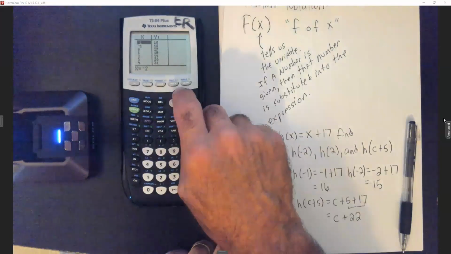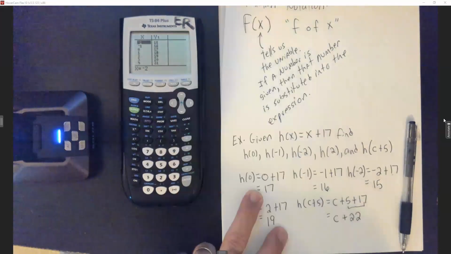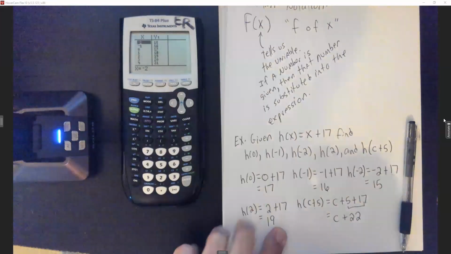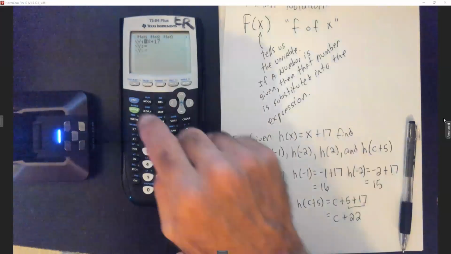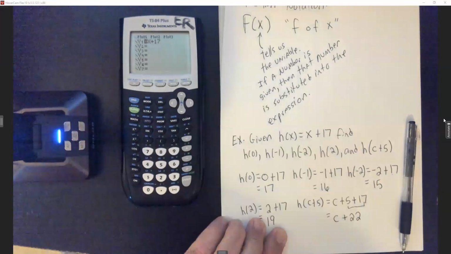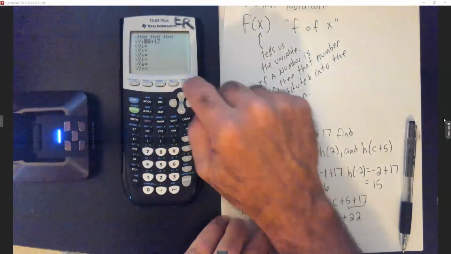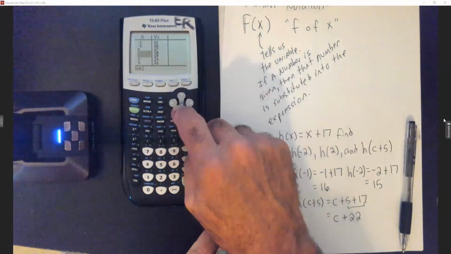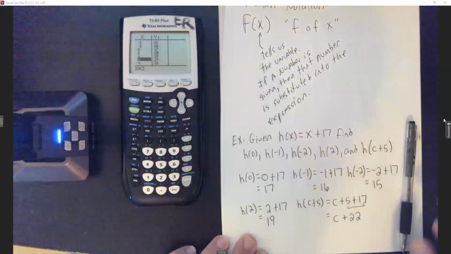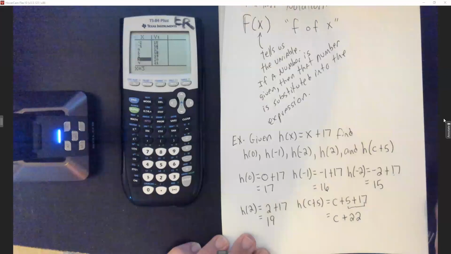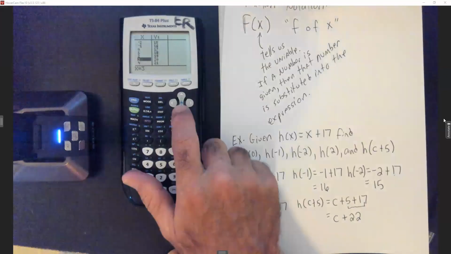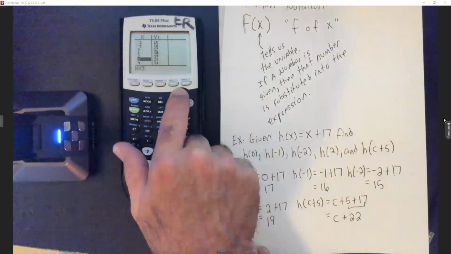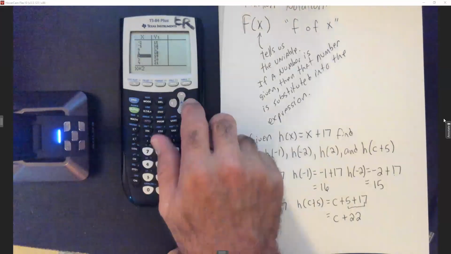Let me see if I put in the right x plus 17. Yeah. So all these numbers, when I look through my table, will give me values that we had on here, okay? And then I finished with 2, which gave me 19.